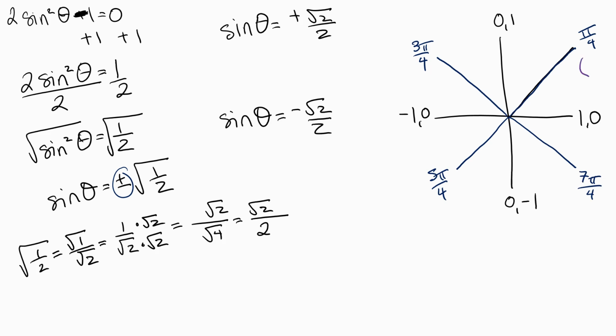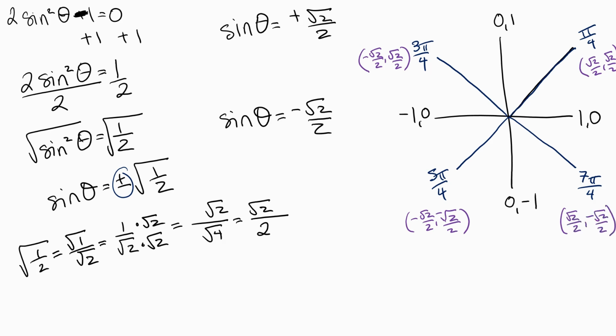In the first quadrant, everybody's positive, so that's root 2 over 2, root 2 over 2. Sorry, the parentheses kind of cut off. In this quadrant, we have positive y, negative x. So negative root 2 over 2, positive root 2 over 2. Down here in quadrant 3, everybody's negative. Negative root 2 over 2, and then negative root 2 over 2. And in the final quadrant, we have positive x, negative y.